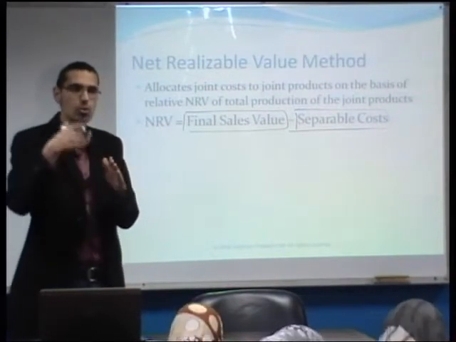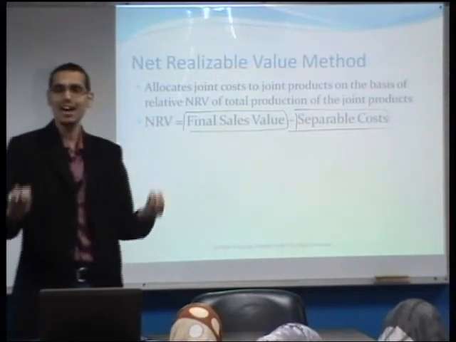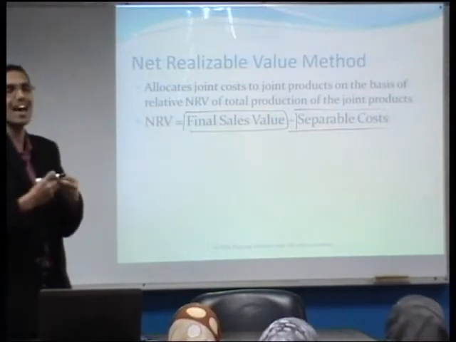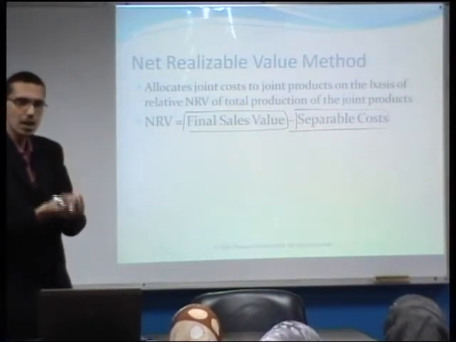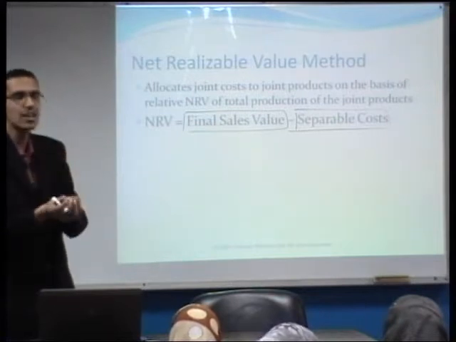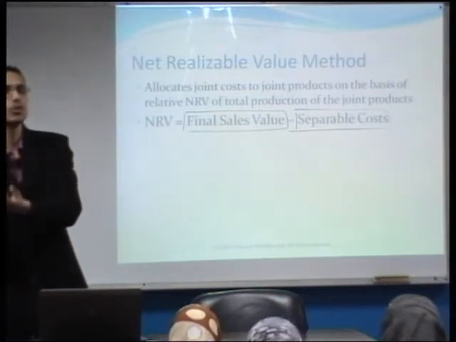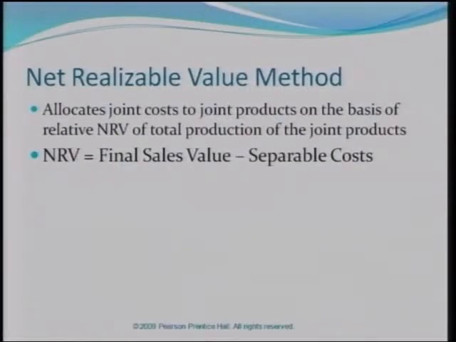Why do we need to make this further processing? Because as we said, we do not have available data on these products about their prices or sales value immediately after the split-off point. Therefore, they would be processed further in order to be sold. Correct?